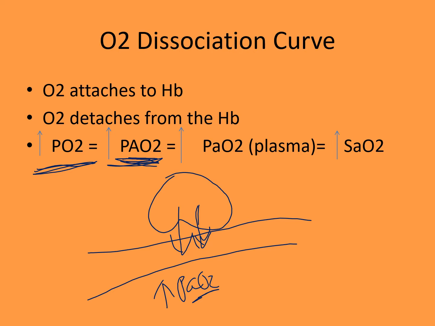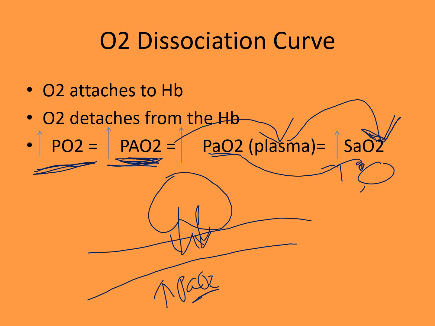Okay, so when we're looking at this, if I increase my PAO2, then I therefore should increase my PaO2. And if I increase my PaO2, I should also increase my ability to carry oxygen on my hemoglobin molecule, because the higher the PaO2, the more pressure there is forcing that oxygen onto that hemoglobin molecule.